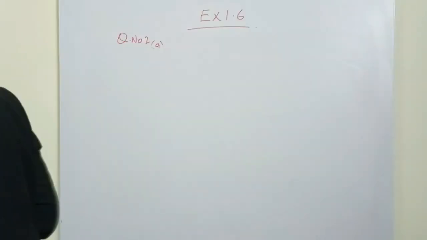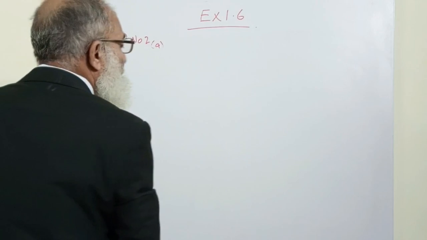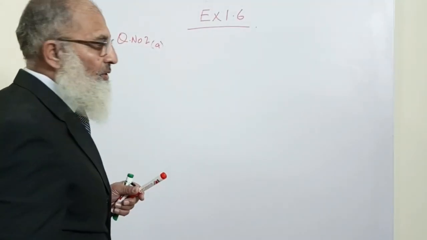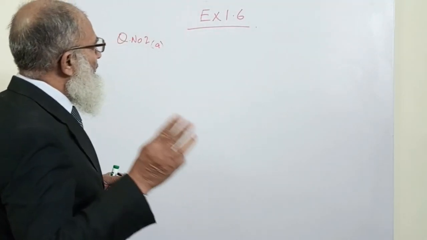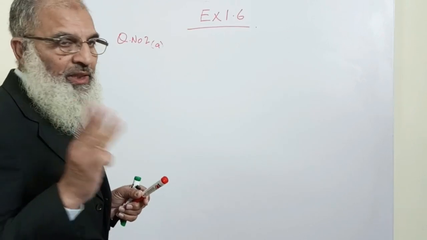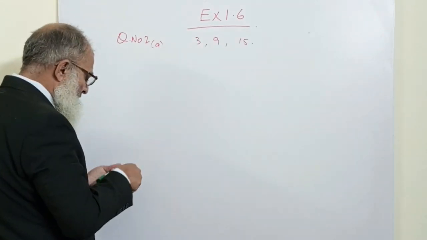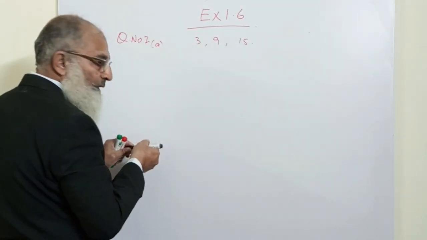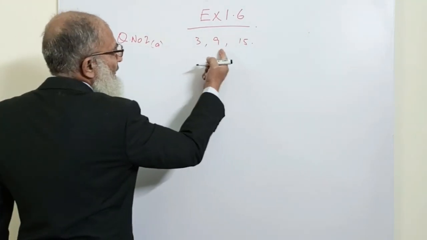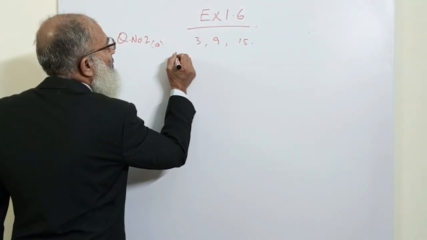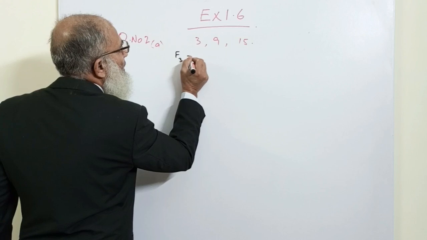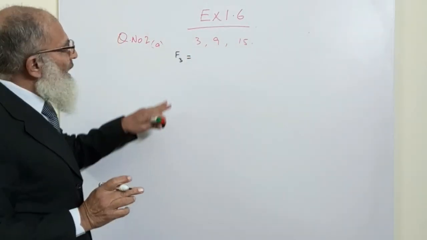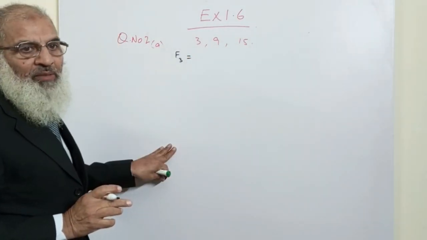3, 9 and 15. Now I have to find the HCF of 3 numbers. In question number 2, I have to find the HCF of 3 numbers. It is very simple again to find the HCF of 3, 9 and 15, and what is 3. Now students, I may tell you that this is the very basic method.